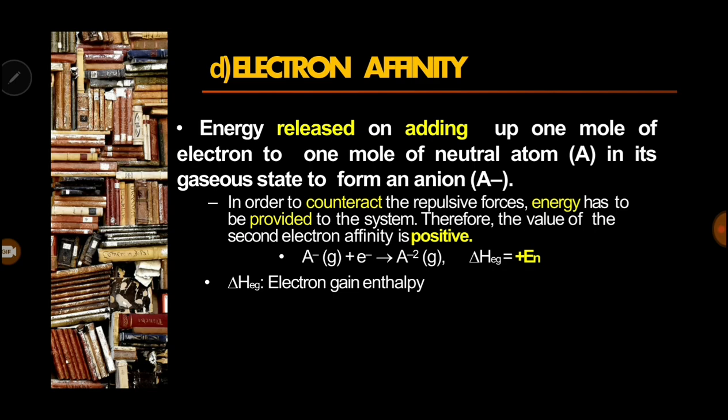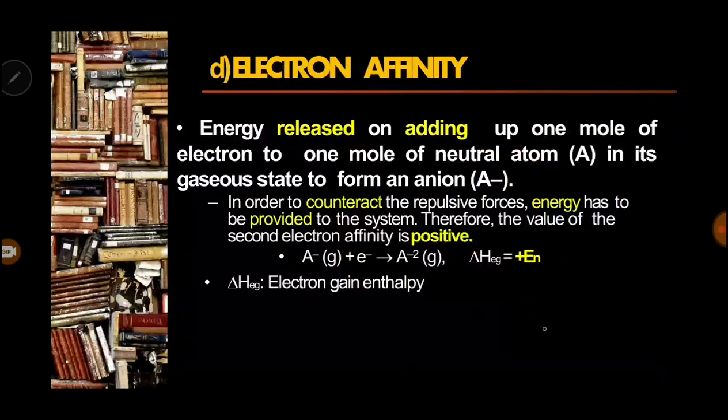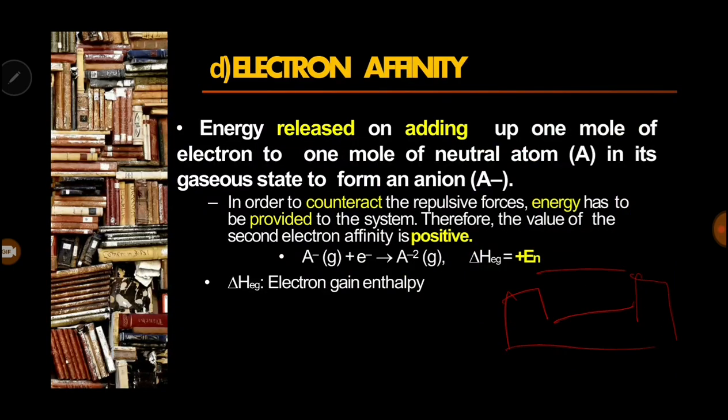Therefore, the value of the second electron affinity is always positive. You can see in the notes, electron affinity across the period is also the same as ionization energy. The more energy required to remove one electron, the more electron affinity, at the top right corner here.